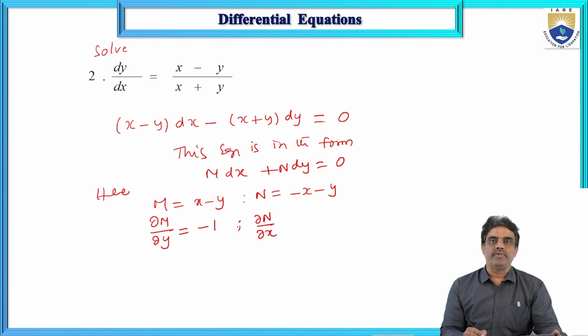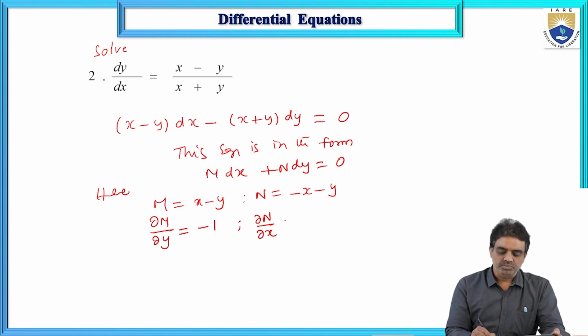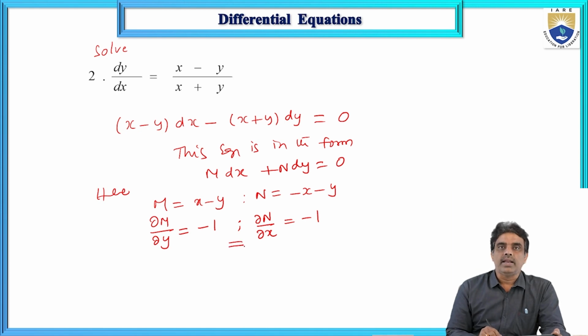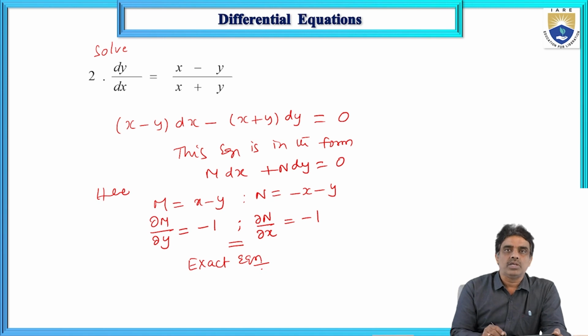The partial derivative of n with respect to x is also minus 1, because the second term, the y term, is 0. So these values are equal. Dou m by dou y is equal to dou n by dou x, both having the same values, which means the equation is an exact equation.